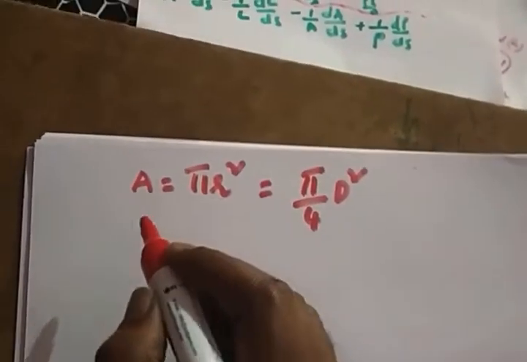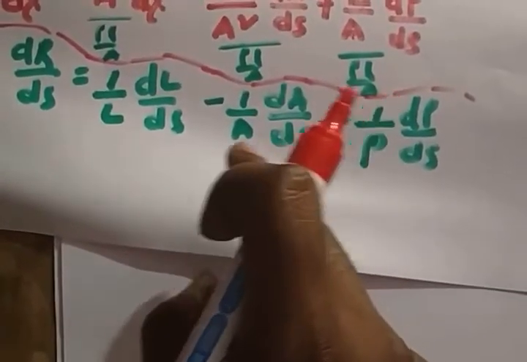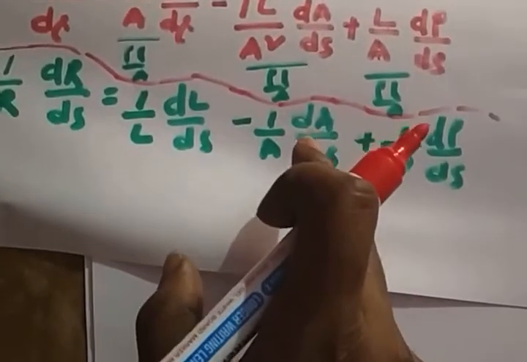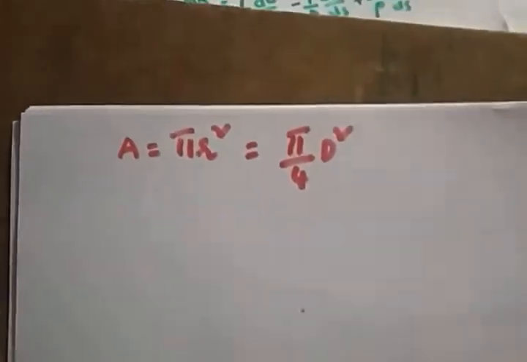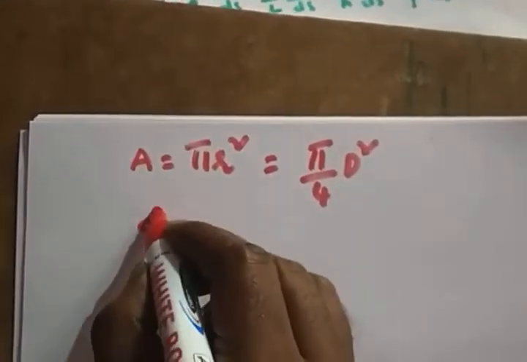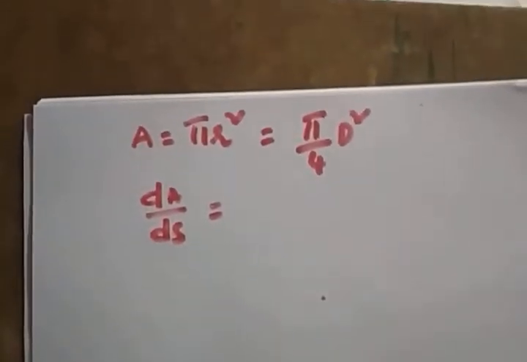Right? So the term that you are having is the dA by ds term. In the last equation you will get the term as dA by ds. So how you can write it out? Right?